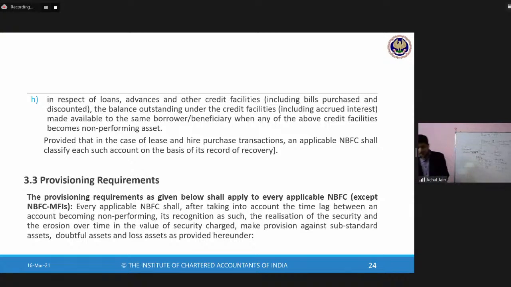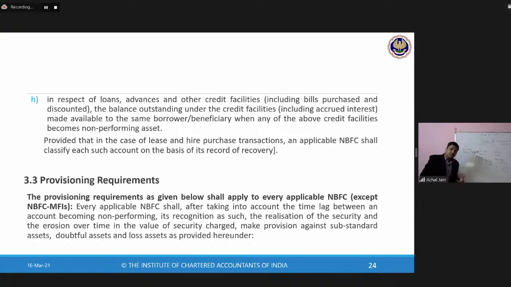Now for this, the regulations say that an asset would not be good or bad at the beginning. Or in simple terms, an asset would always be good at the beginning. No asset would have been bad at the beginning and then the money advanced, isn't it? Money would be advanced to a customer on the basis of an understanding that the money will be collectible.